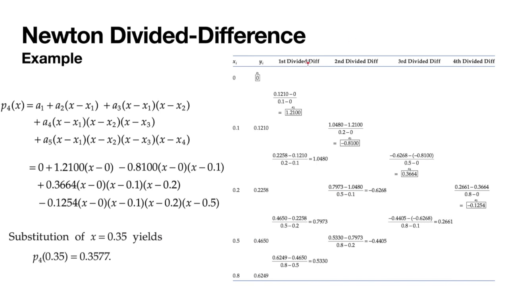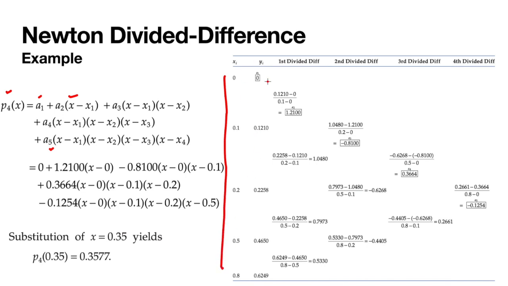So we can write the polynomial p4 of x is equal to a1, and you can see that it is following the same pattern up to a5, which will include the index up till one less than the index of the coefficient. These are the 5 points that were given to us.